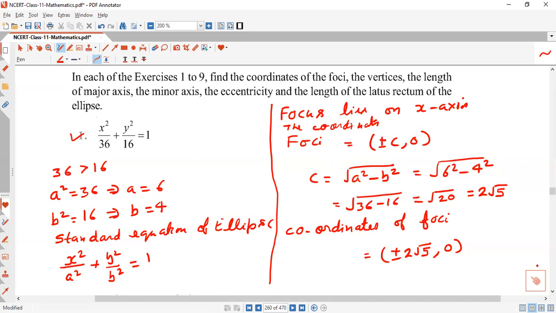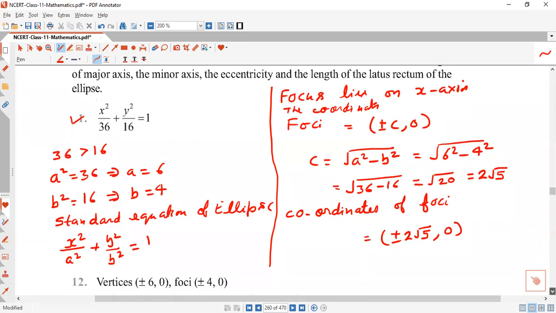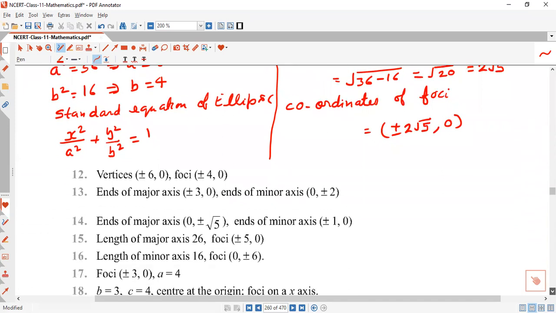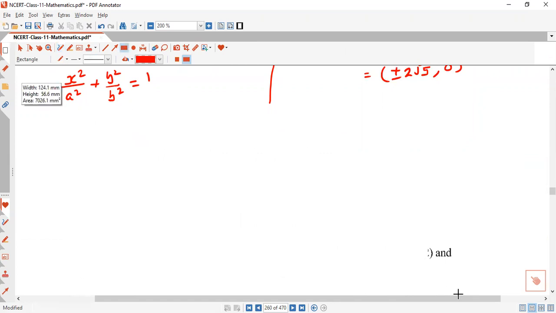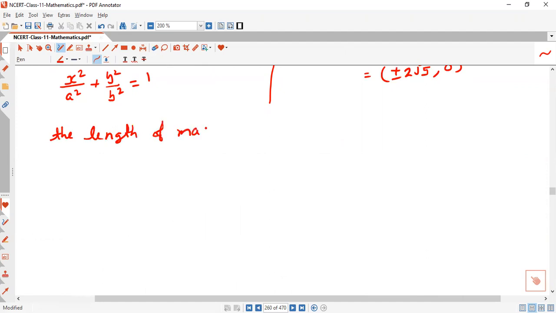Now, the length of the major axis. We have to find out the length of the major axis. The length of the major axis will be equal to 2a. Here the value of a is 6.